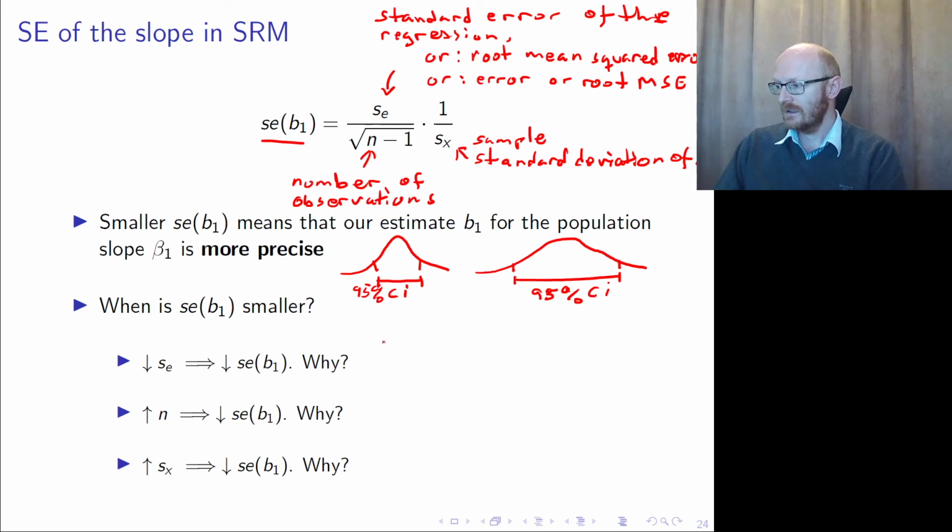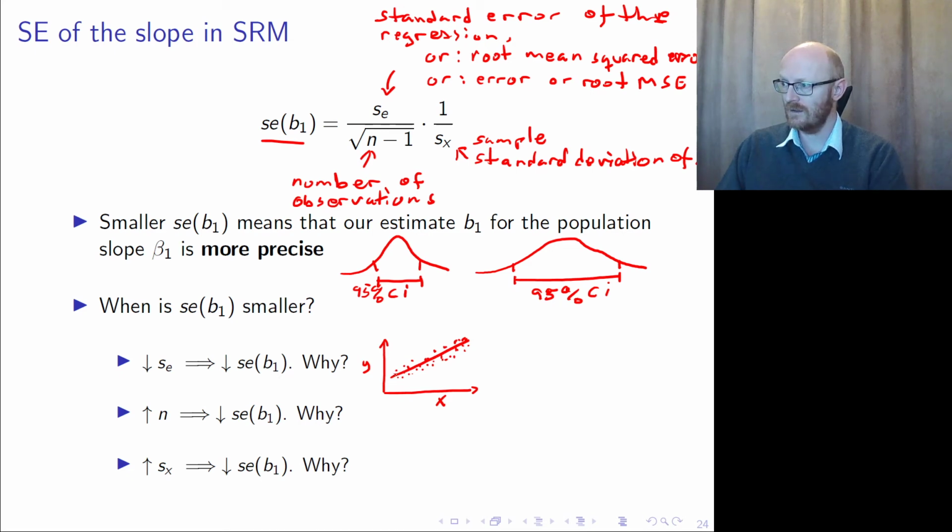And if you think of a regression line of x and y, and you have very little dispersion around the regression line, then you're quite certain about the slope, right?